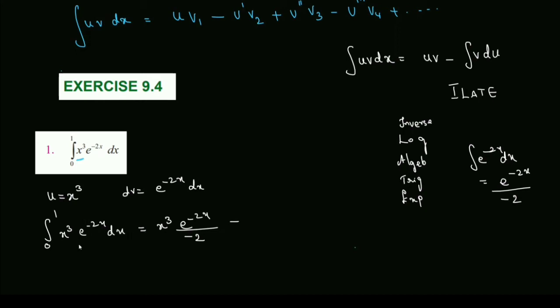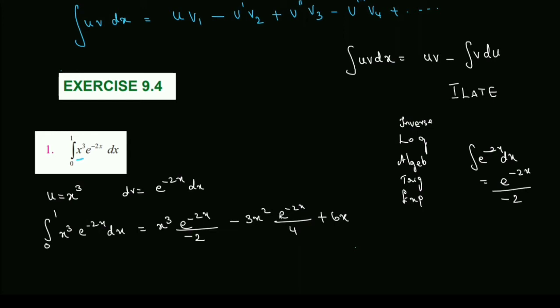Now differentiate: x cube is 3x square. Integrate again: e power minus 2x by minus 2, and with the earlier minus 2 already there, this becomes plus 4. Then next is plus, alternate plus minus. Differentiate this, it becomes 6x.